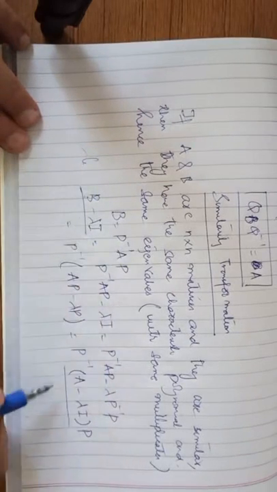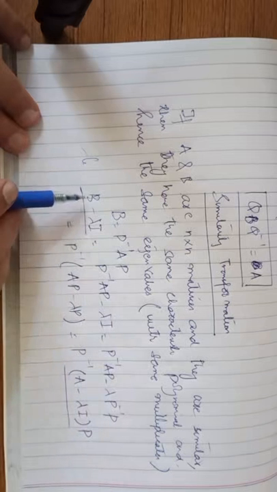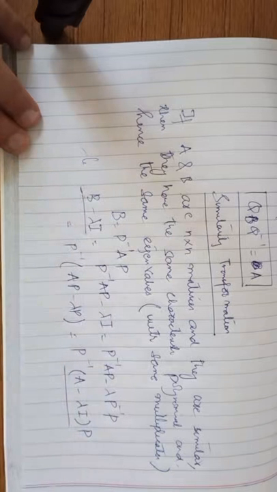So B minus lambda I transforms to A minus lambda I.